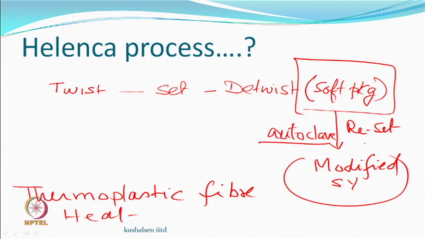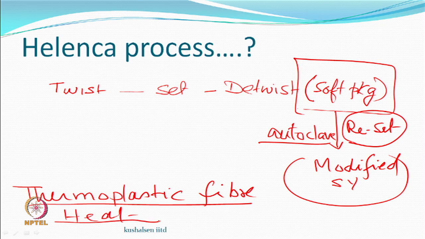After that, you do resetting, put it back into the autoclave again. Remember, if it is a thermoplastic fiber, then you use heat, that means again an autoclave. So, the package is twisted, put in the autoclave, taken out, and cooled.